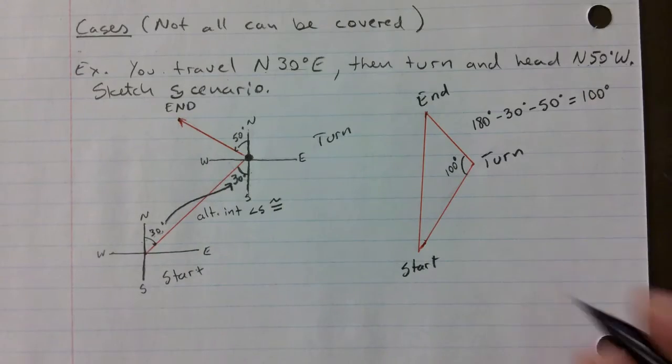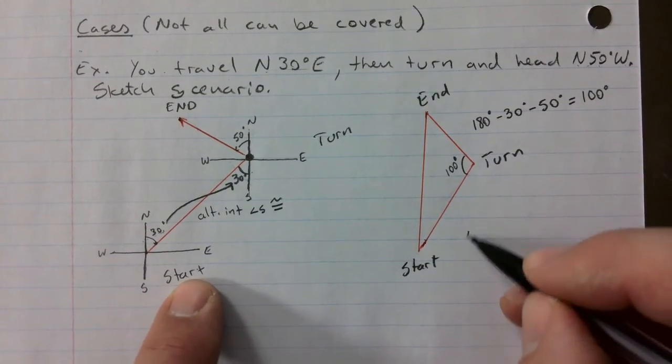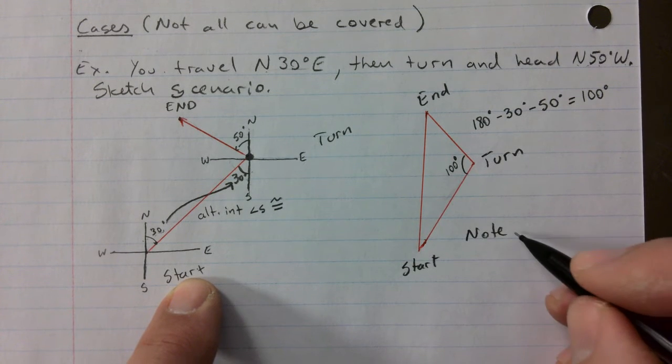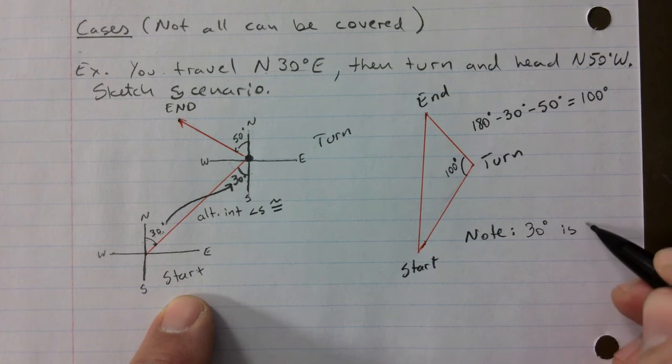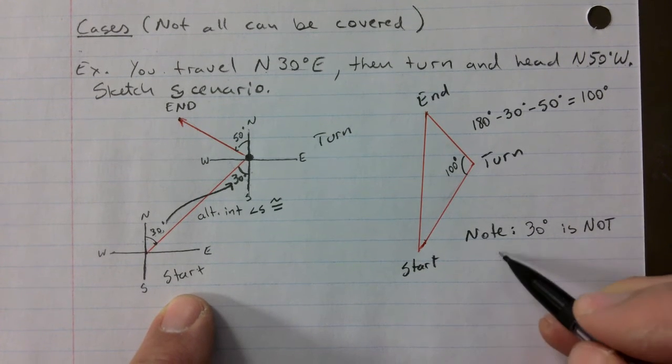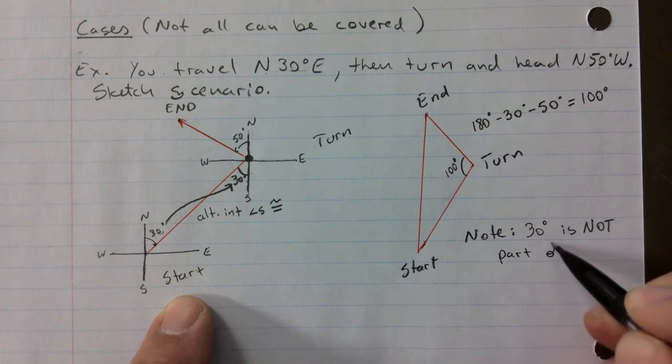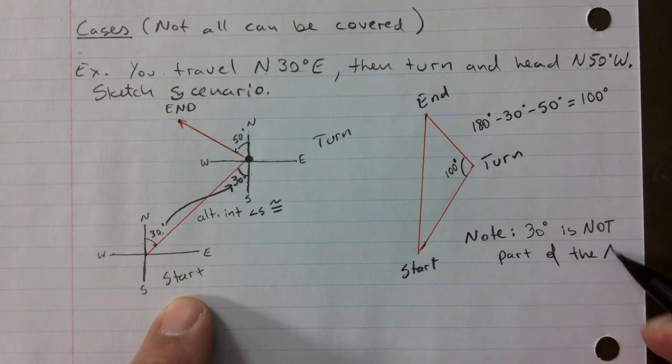Note: 30 degrees is not part of the triangle.